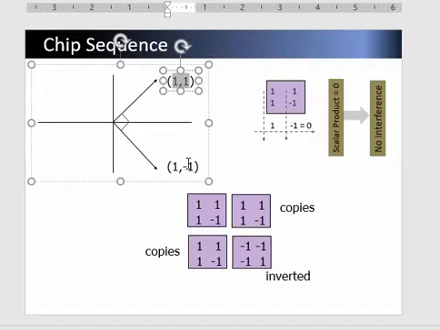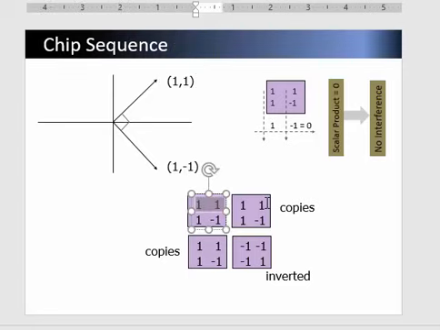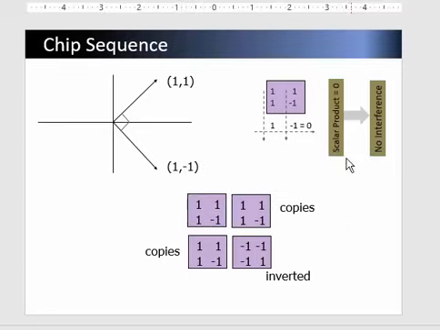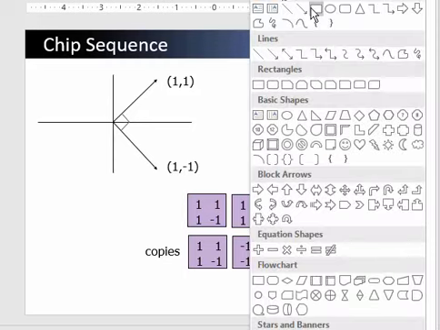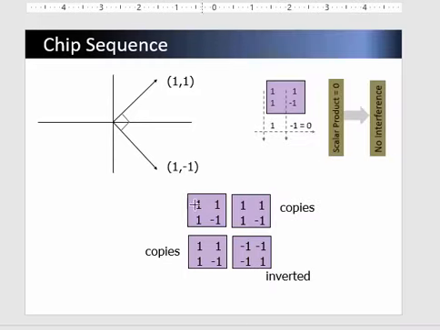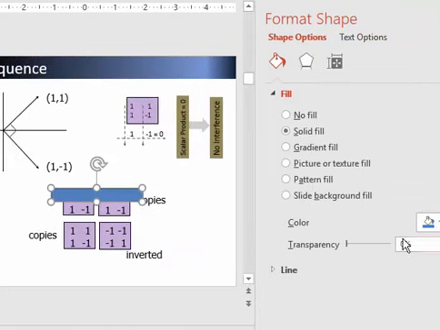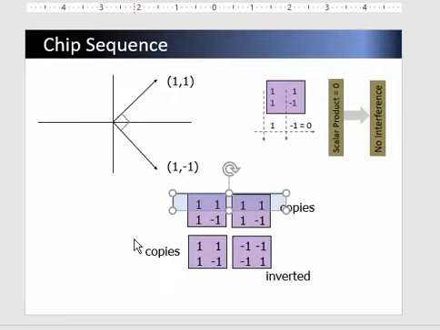What if we want to serve 4 senders? The first sender will have 1, 1, 1, 1. The second sender will have the chipping sequence 1, minus 1, 1, minus 1.